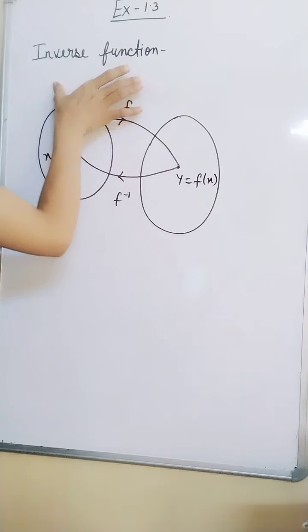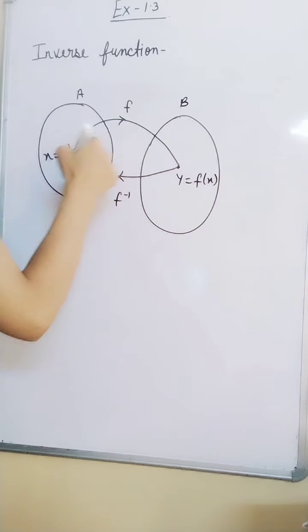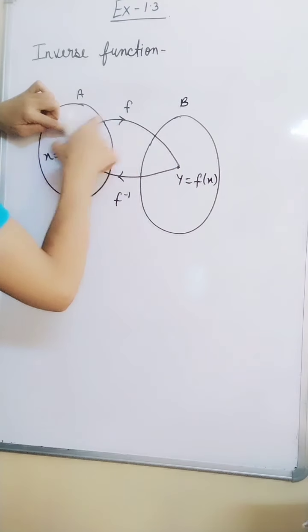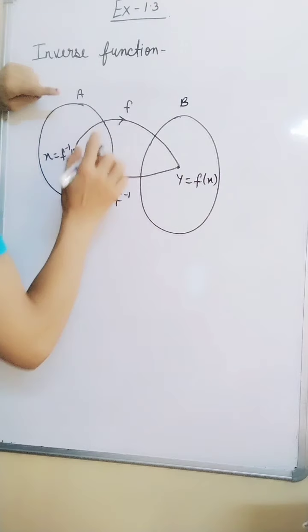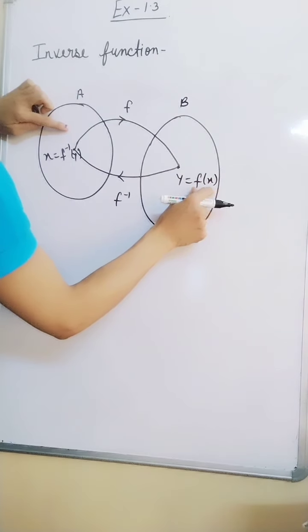Okay, so now we are taking this topic, inverse of a function. What is the meaning of inverse of a function? Suppose there are two sets A and B, and there is a function f from A to B, and suppose the image of an element x in this set is f(x).